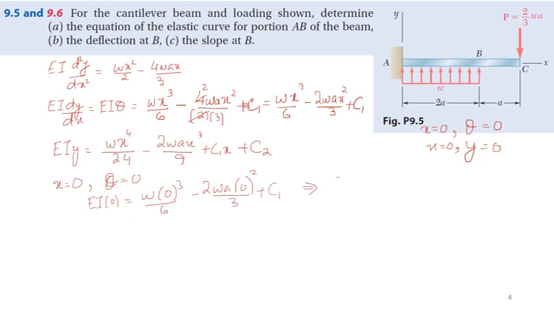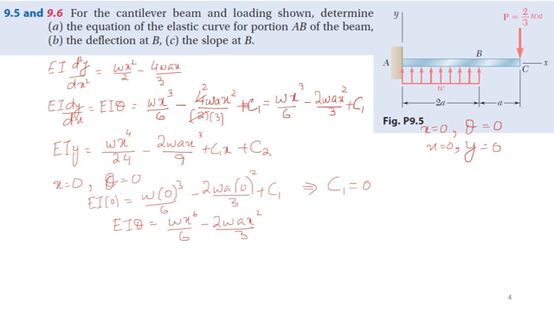This leads us to C1 equal to 0. And the equation for the slope will become EI theta equals Wx cube by 6 minus 2WAx squared by 3. That's it, because C1 is 0.